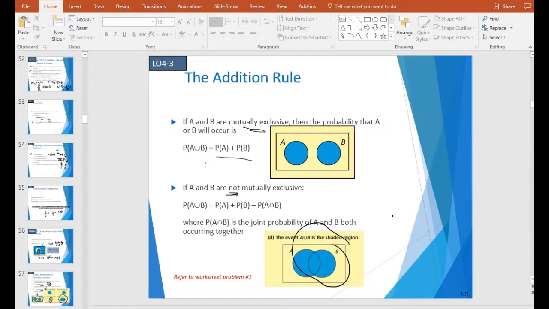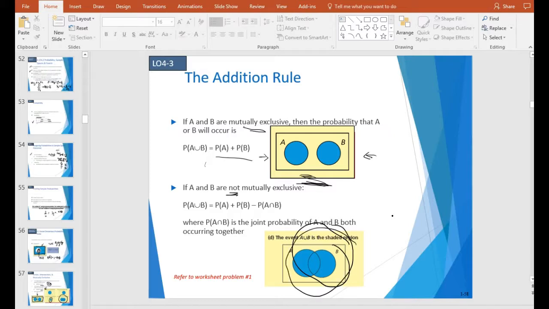Think of this diagram right here and picture the circles A and B moving toward each other, and then they overlap, and they form this picture down here.